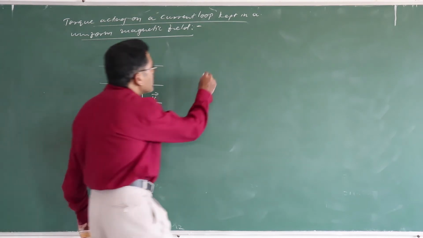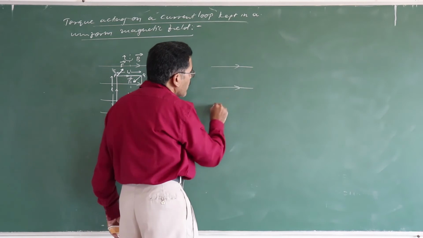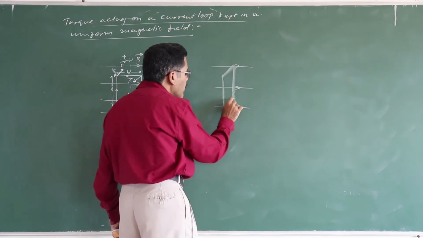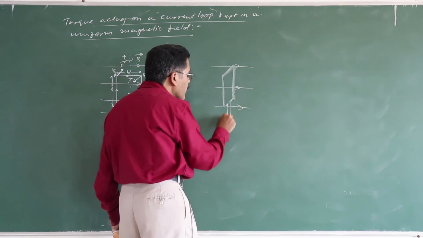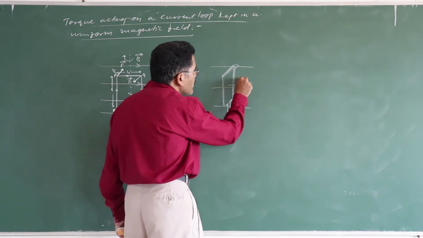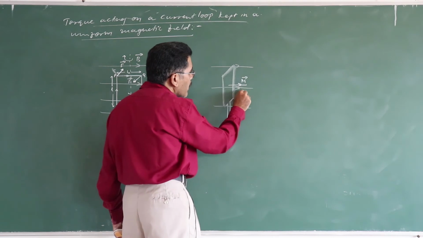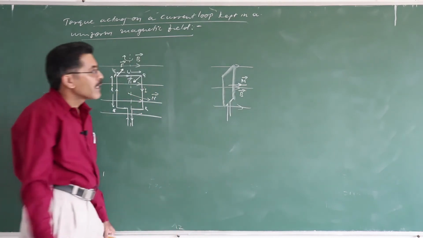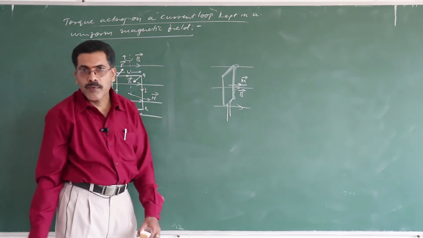Suppose this is the magnetic field, and the loop is like this, such that M is also acting in the same direction as B. In such a case, the torque acting on it is 0.